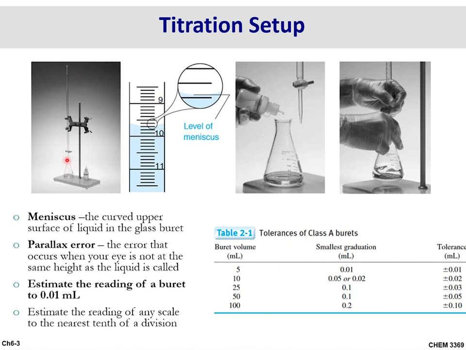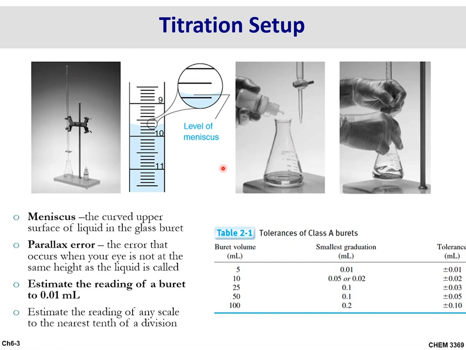Now the solution to be titrated is placed in an Erlenmeyer flask, okay? And before you start the titration, you need to add the indicator. The indicator is being added here using a dropper, and we usually require a few drops of an indicator.